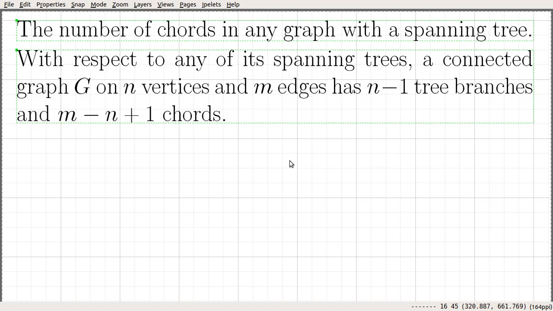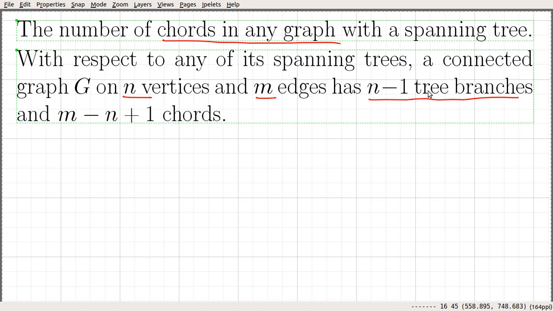This statement says something about the number of chords in a graph with a spanning tree. The statement reads as follows: with respect to any of its spanning trees, a connected graph on n vertices and m edges has n minus 1 tree branches.